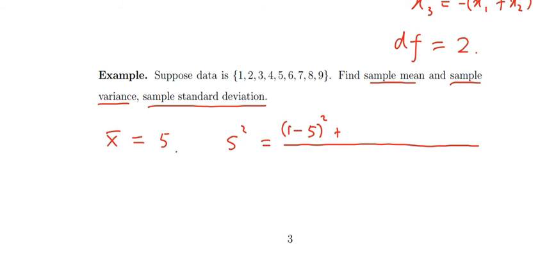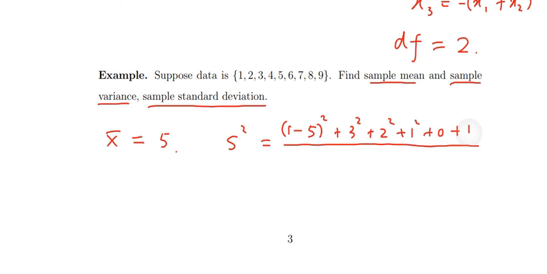Plus 2 minus 5, so actually 3 squared, plus 3 minus 5 squared, plus 4 minus 5 squared, then plus 5 minus 5 squared, which is 0, right?